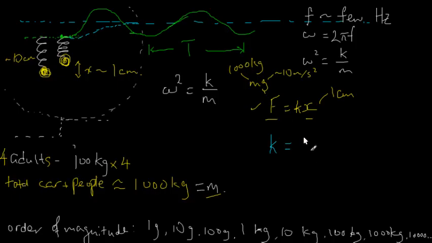So k is F over x. Let's do it. F is mass times g, 1000 times 10, and x is 1 centimeter. You need this in SI units, since the formula is in SI units. So that's 0.01.